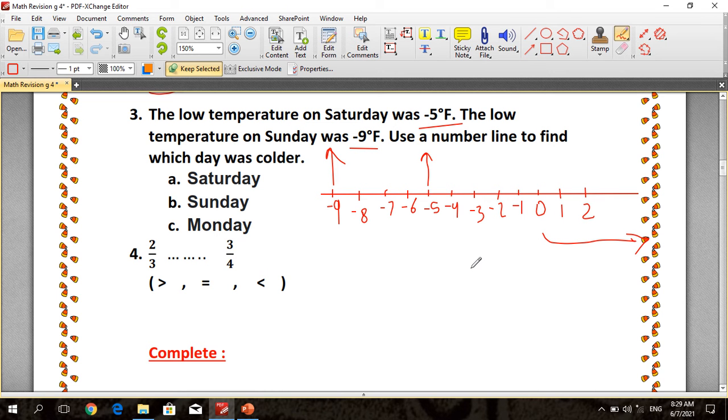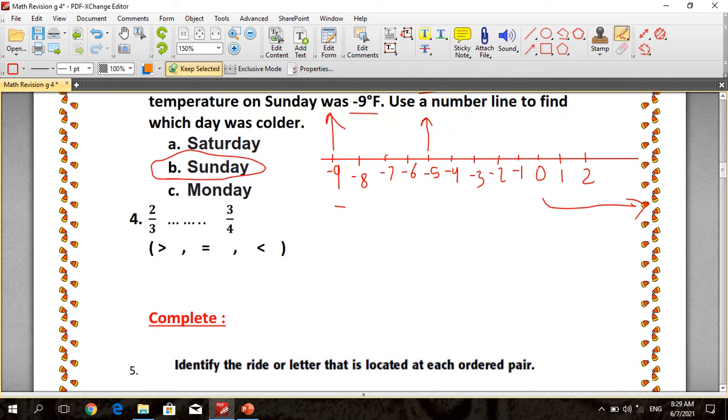In positive numbers, 1 is smaller than 2, but in negative numbers, -1 is greater than -2. So -9 is smaller than -5. The smaller one is the colder, and -9 is Sunday. So Sunday was colder.